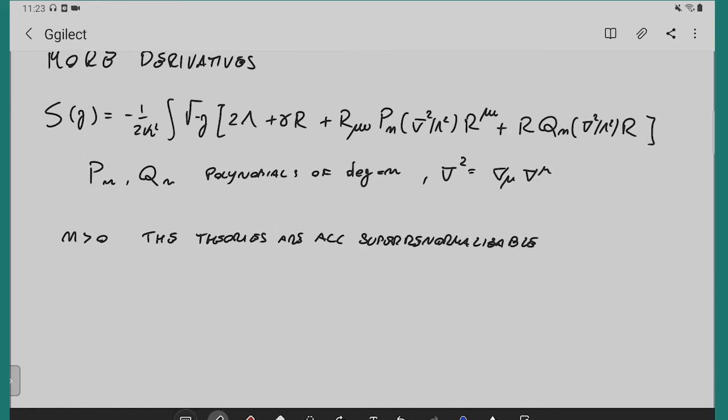And the classification in this case, with these theories of gravity, is this. If n is 1, you have divergences up to 3 loops. If you have n equal to 2, you have divergences up to 2 loops.